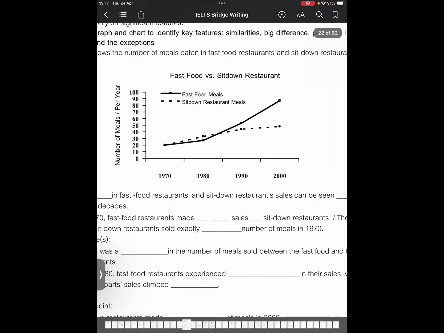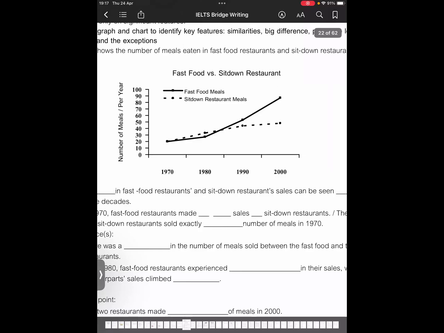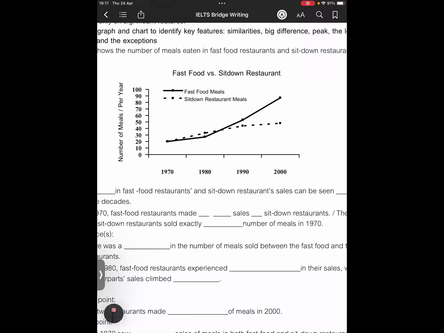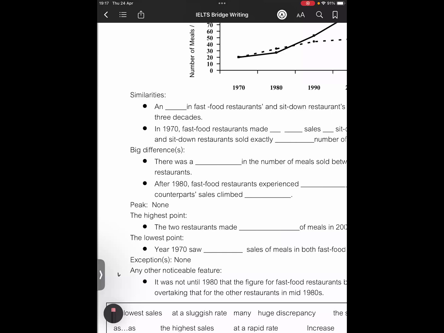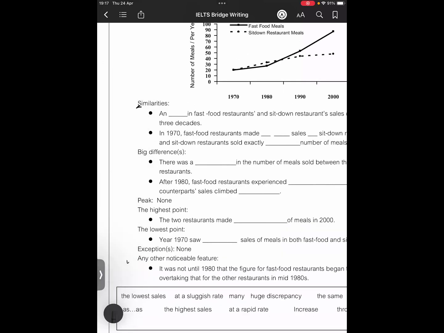When you want to highlight key features, you might want to use these guidelines. We have similarities, big differences, peak, highest point, lowest point, exceptions, and any other noticeable features.